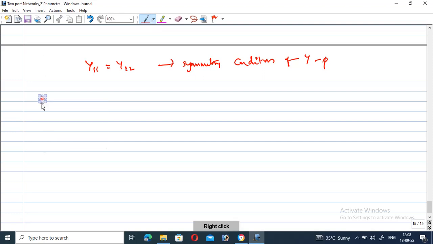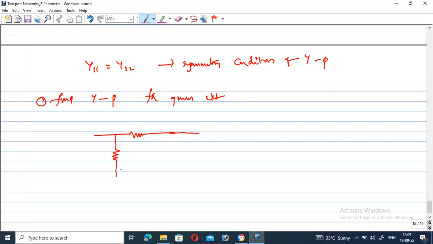The problem is: find y parameters for the given circuit. Okay, this is the given circuit.